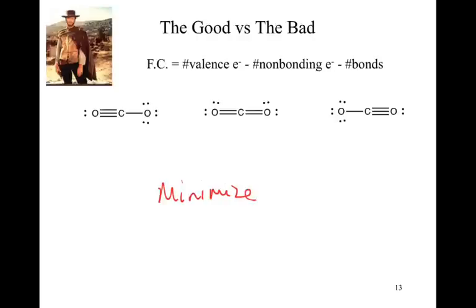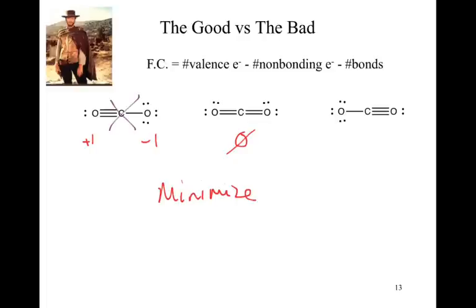So I want the smallest amount of charge possible. If I look at the center structure, there is no charge whatsoever anywhere in the molecule. The left structure has 2 atoms that are charged. Well, which is better? No charge is better. Okay? So that means the center structure is better than the left structure.